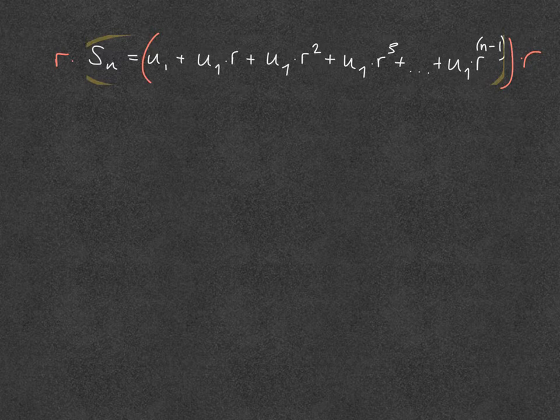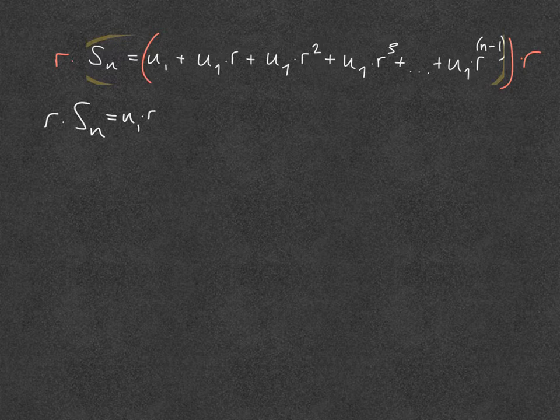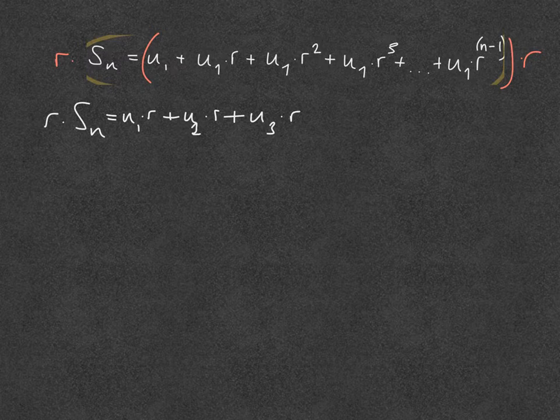If I multiply each side with r, then we're going to have r times Sn equals u1 times r plus u2 times r plus u3 times r.